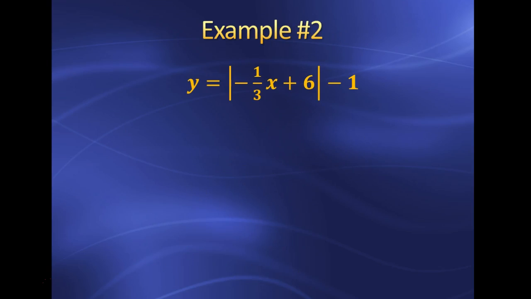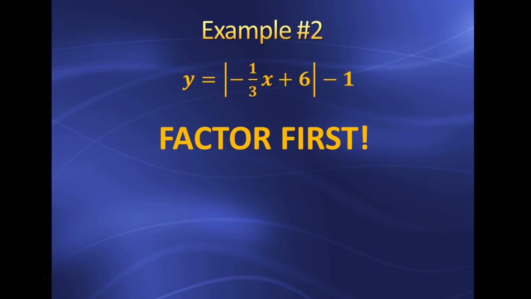Here's an example. We have the absolute value of -1/3 x plus 6. Now here we see no parentheses, so we know that b is not factored out. We need to factor it out before we can evaluate the horizontal shift left or right. So let's do that.